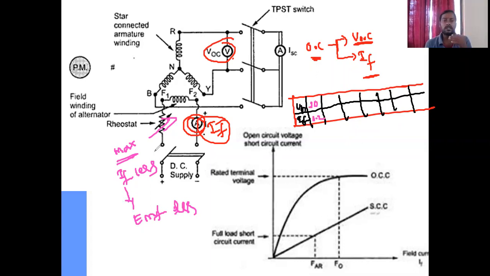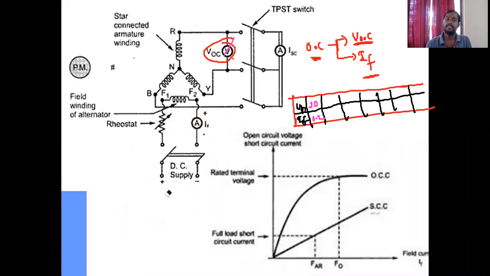Now we need to change the rheostat position, that is, reduce the resistance so that the field current increases in the field winding, and the induced EMF also increases. For example, the field current is 0.4 amps and the voltage is 40 volts.